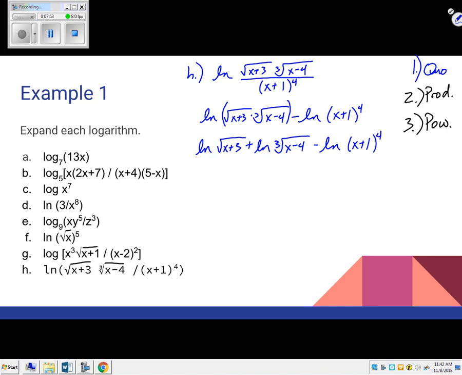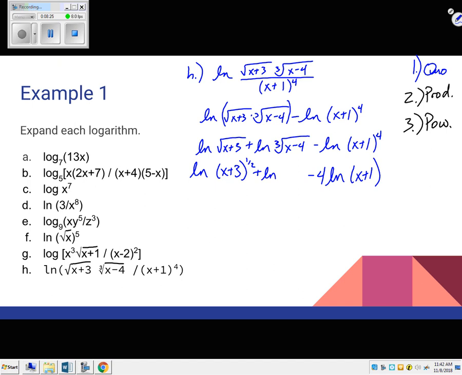I'm ready for my power property. Any exponent that I see is going to drop down to the front. So it's really easy to see this exponent. Ooh, but I would argue there's more exponents in this problem. If you remember the part 1 video yesterday, when I was introducing logarithms, there's a couple instances where I needed to write out the square root, that's the x plus 3, to the 1/2 power.